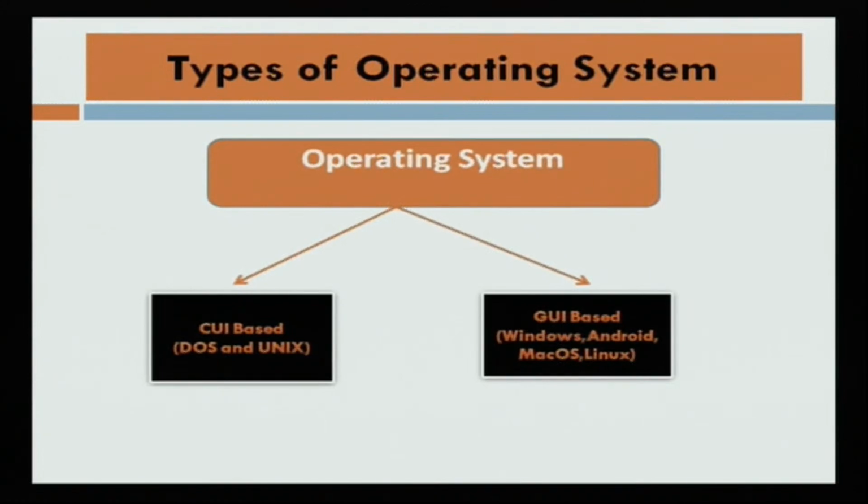Apart from this CUI based operating system, the other part is GUI based operating system. GUI stands for graphical user interface. In a graphical user interface, all the commands and text are converted into graphical representations, which are known as icons.